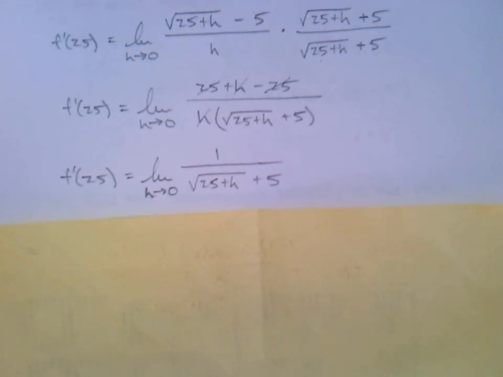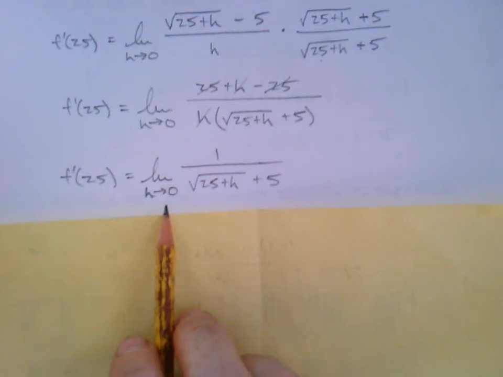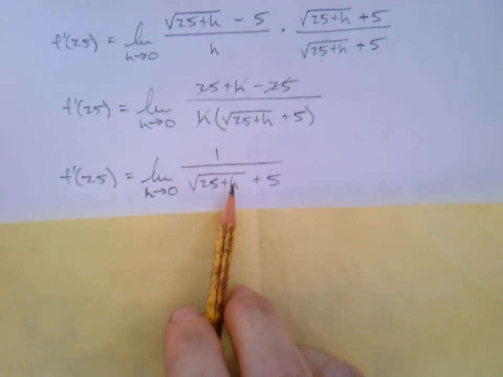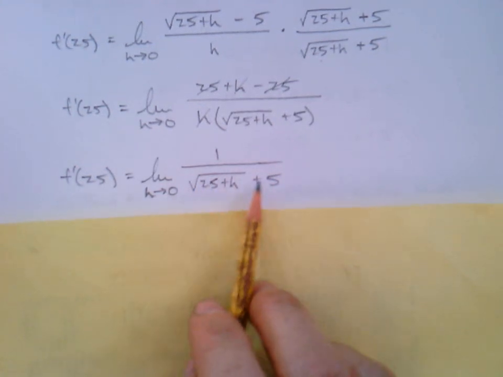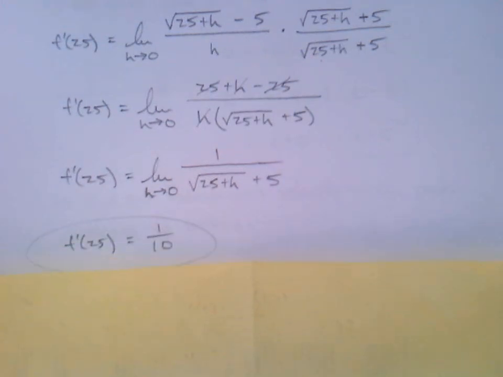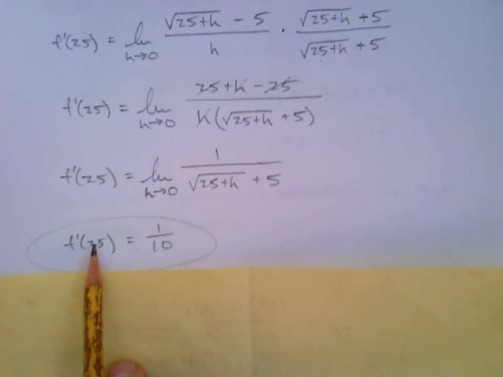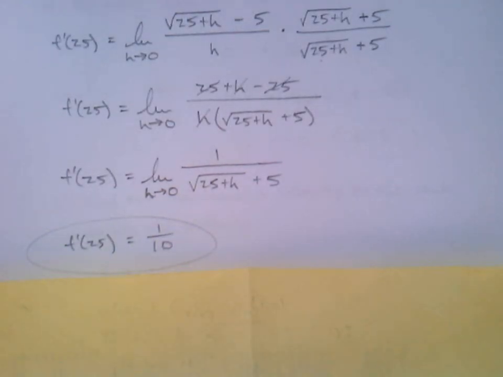And finally, now we can plug the 0 in for h. What's that going to give us? Well, square root of 25 plus 5. When we plug it in, f prime 25 equals 1 over 10.